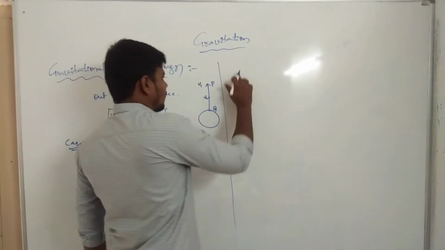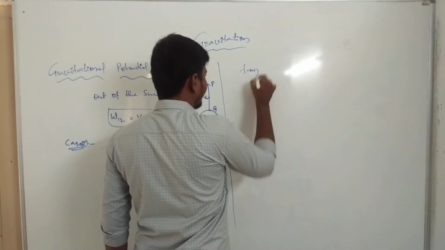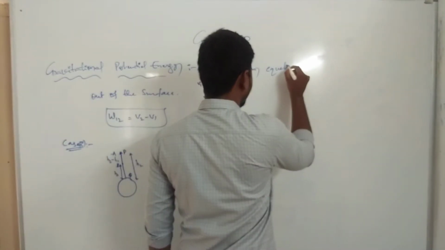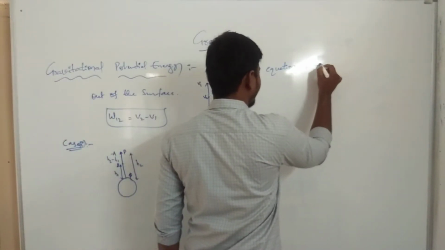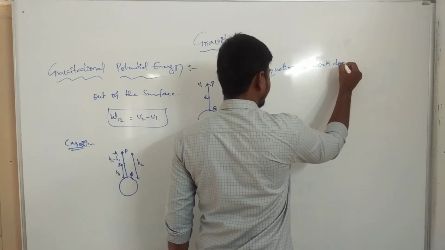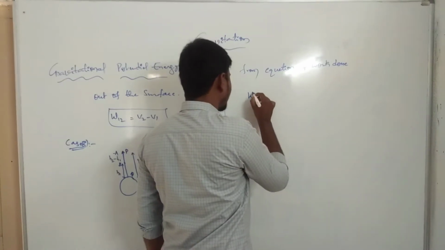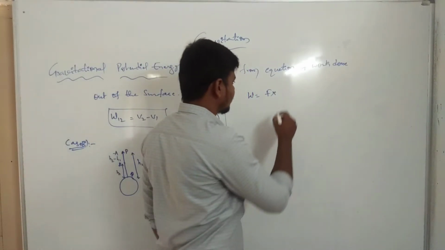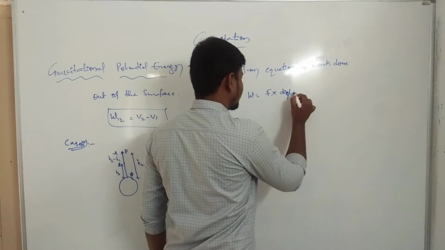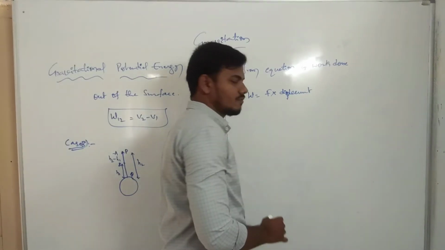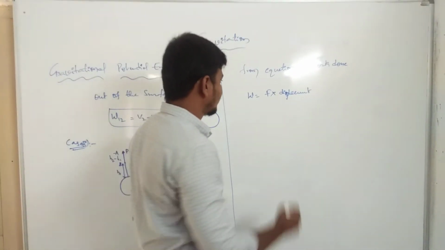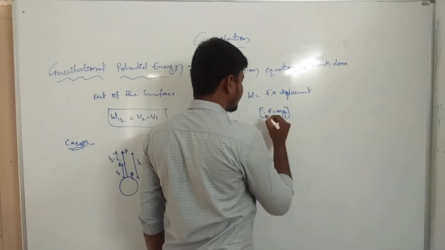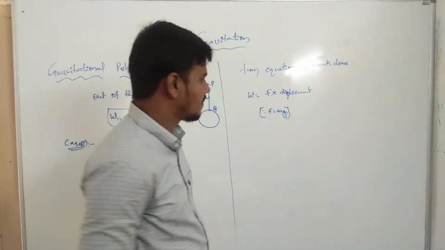Clearly, from the equation of work done, W is equal to force into displacement. Since we are introducing the force, we take F is equal to mg.